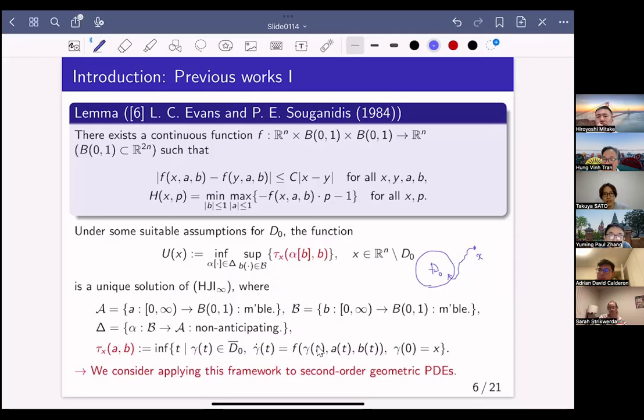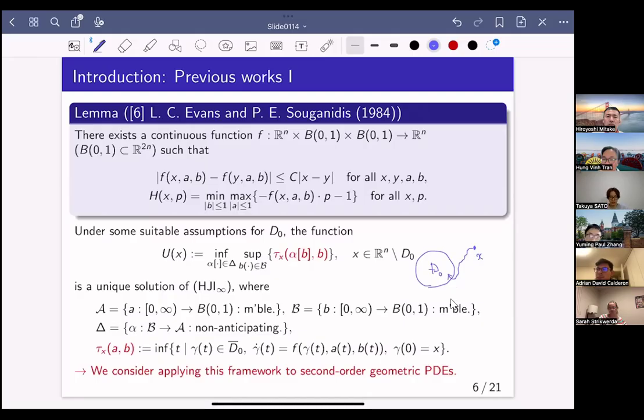My motivation is that, at first, this kind of formulation can be used in the first order case, but my interest is in the second order equations. So I would like to apply this kind of game framework to the second order geometric PDEs.